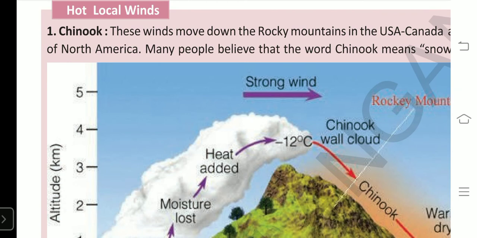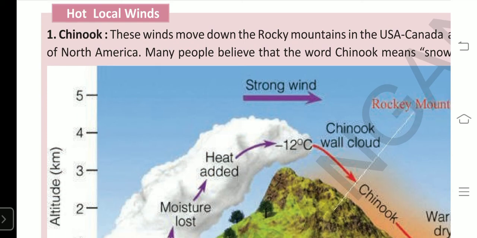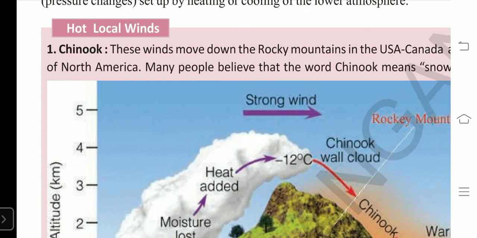And these winds respond to the local pressure gradients. What is meant by pressure gradient? Pressure change, okay, which is set up by heating and cooling of the lower atmosphere. When there is a change in the lower layer of the atmosphere due to heating and cooling, the local winds will form.